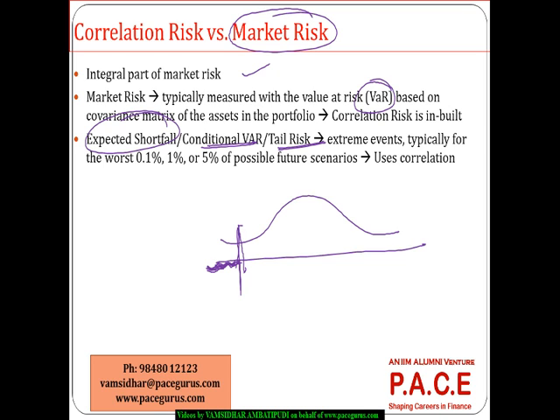Even here, this number beyond the limit is dependent on the standard deviation of the portfolio, which again is dependent on the correlation between the assets in the portfolio. So correlation has a big role to play in market risk.